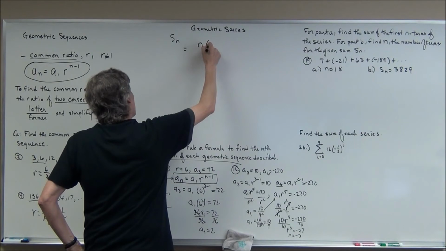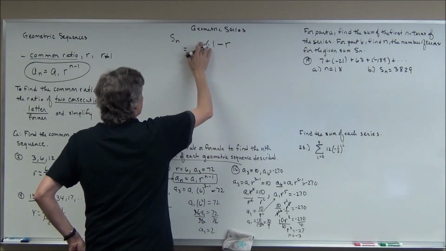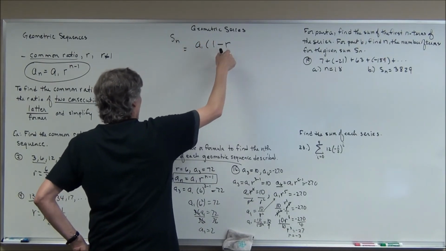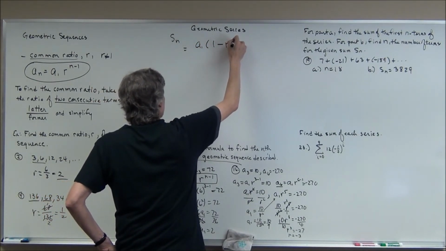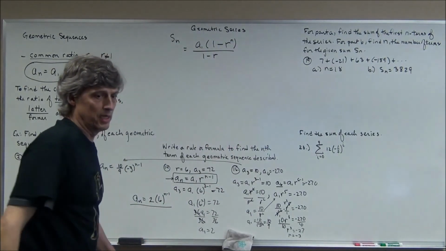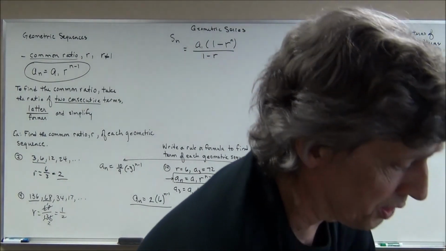A sub 1 times the quantity 1 minus r to the n all over 1 minus r. I believe that's it. It's probably written down on your first page of your worksheet.